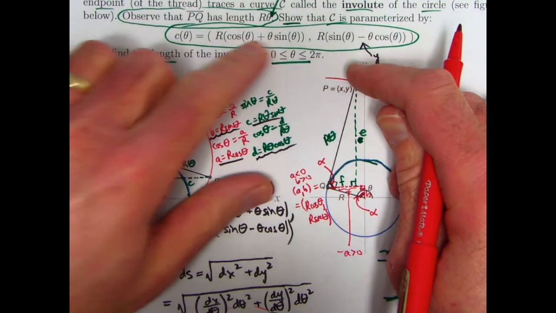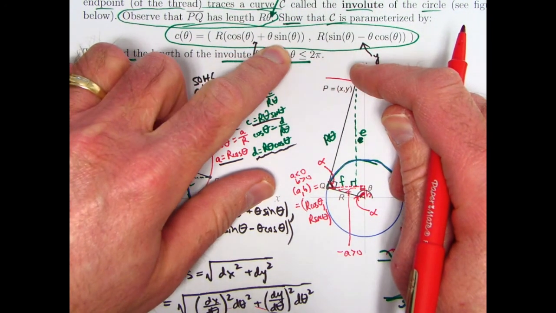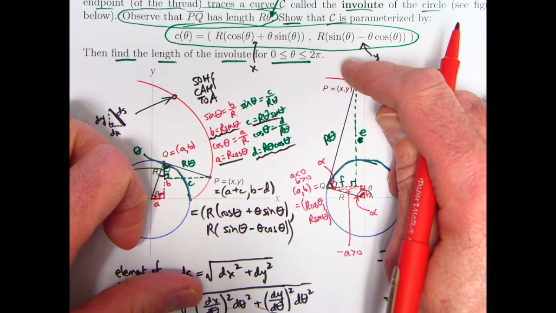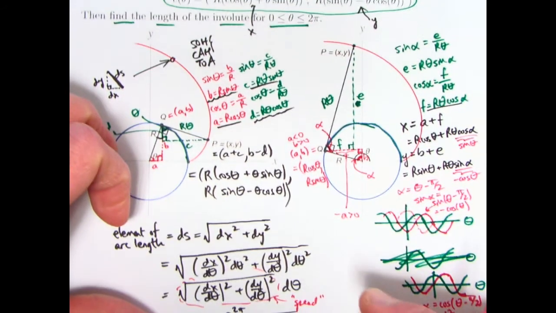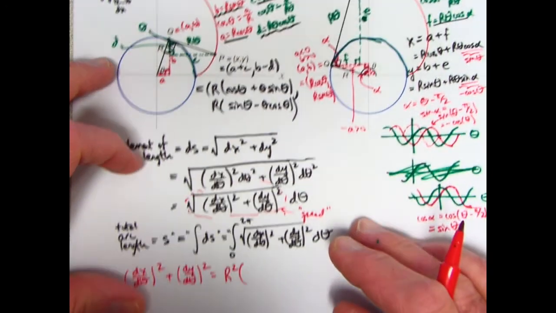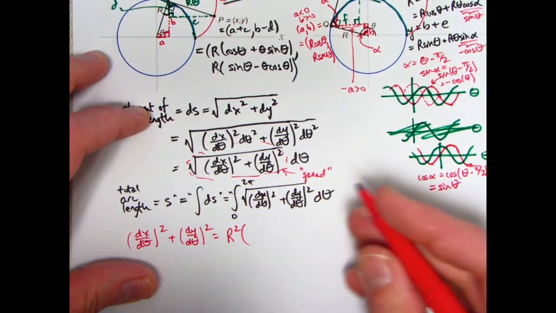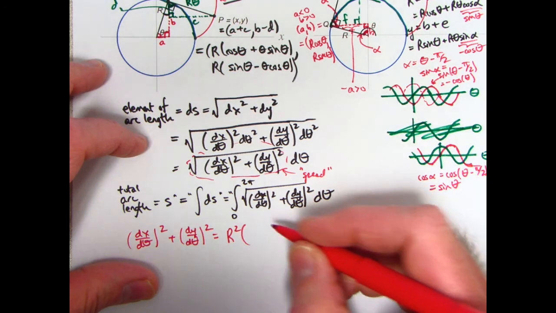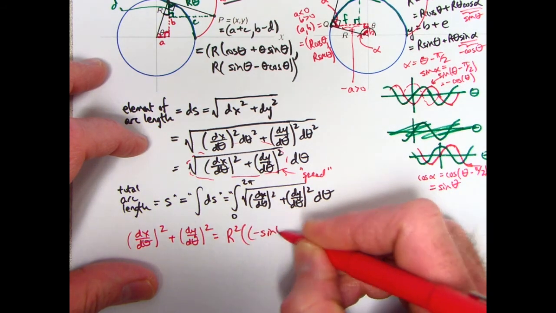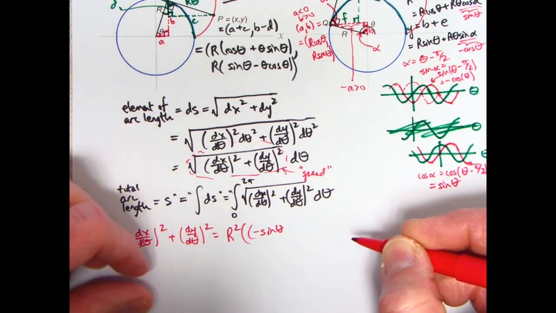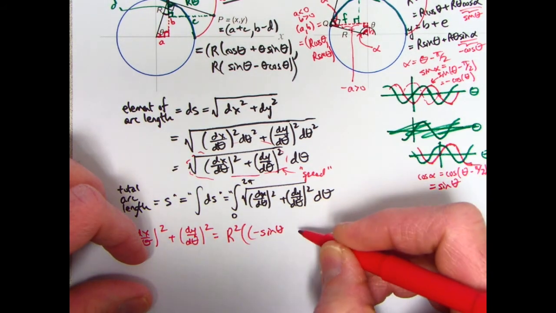So I'm going to differentiate this thing, cos theta plus theta sine theta, square that, differentiate this thing, square that. Actually, before I square, I'm going to simplify pretty nicely. So dx d theta is going to be, first of all, the derivative of cosine theta is negative sine theta. Then I have to differentiate theta sine theta.